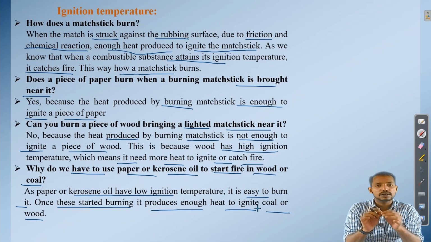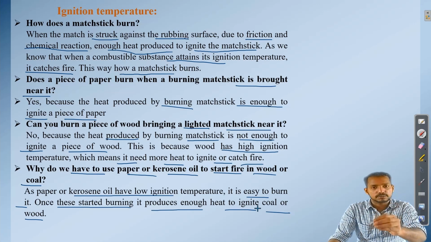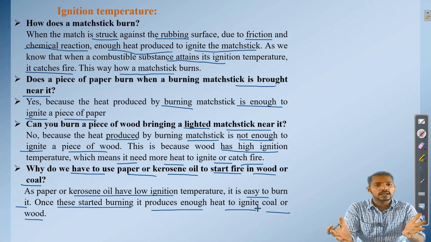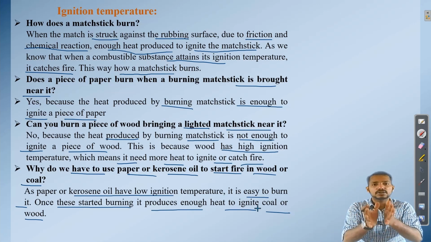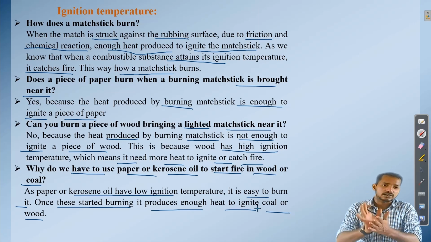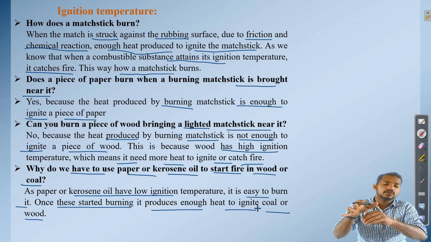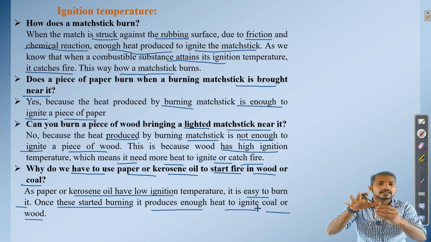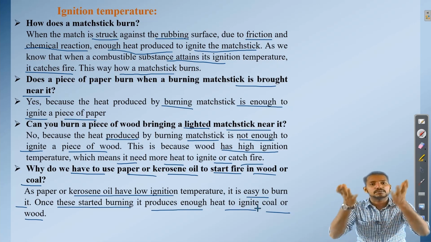So first we burn paper or kerosene oil with a burning matchstick because their ignition temperature is low. Once the paper or kerosene oil burns, it produces a large amount of heat. That heat is sufficient to make the wood or coal reach its ignition temperature. When the wood or coal reaches its ignition temperature, then it starts burning.